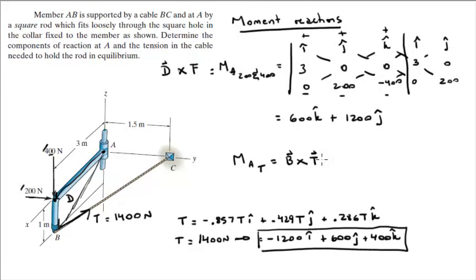So that's the Cartesian vector form of T. And that's basically what we're going to put in our cross product, I J K. First is the position of B. The position of B sits at 3, 0, and negative 1. You can see you go 3 towards the X and then you go down 1, and you have no magnitude on the Y, so that's why it's like this. Then you got negative 1200, 600, and 400.